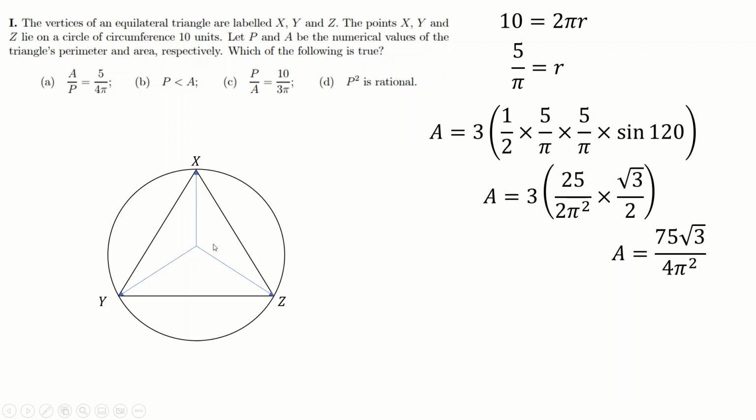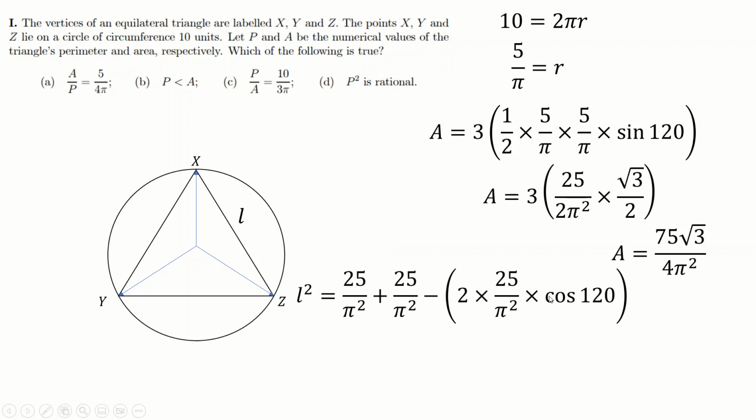Now what about the perimeter? Well, if I call this length L, I can use cosine rule, right? I can say L squared is equal to 5 over pi squared plus 5 over pi all squared minus 2 times this times cos of 120. And now again, cos of 120, this is 5 over pi times 5 over pi.